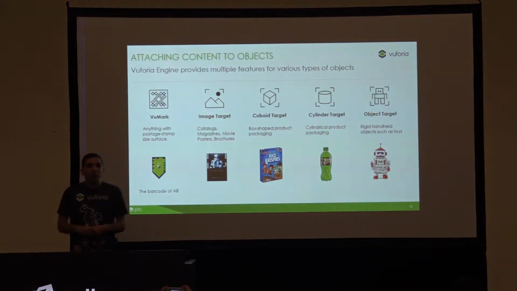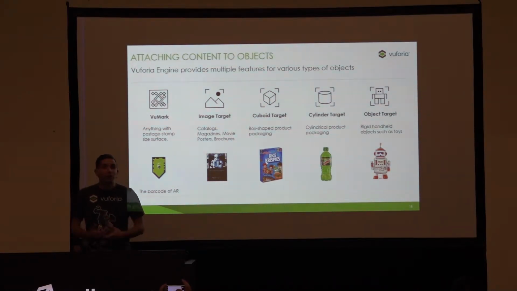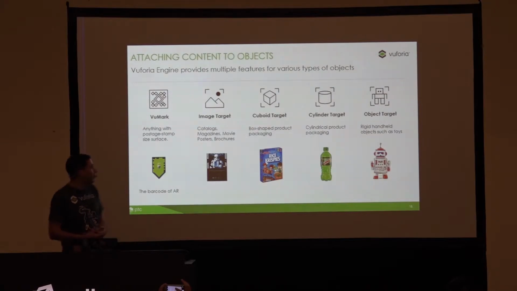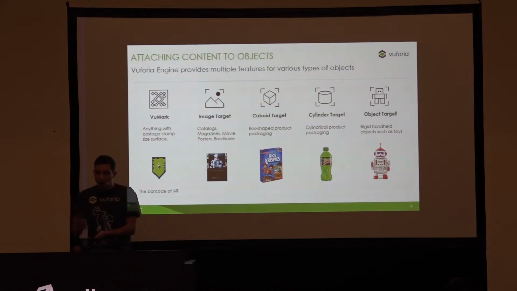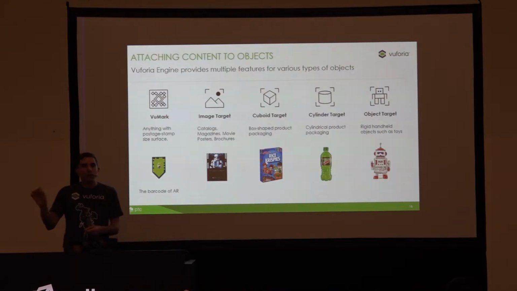Okay, so there are lots of ways to augment objects with Vuforia. VuMarks are one of the really interesting ways available to you. With a VuMark, you can place it onto an object, and not only can you augment that object, but you can also uniquely identify it down to a serial number.